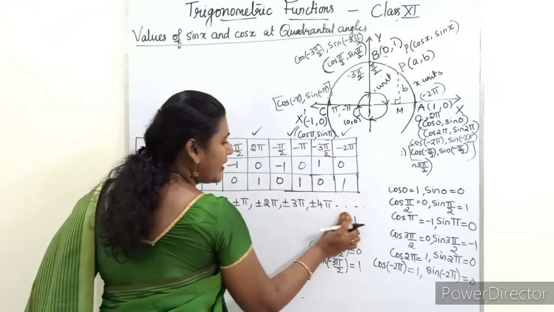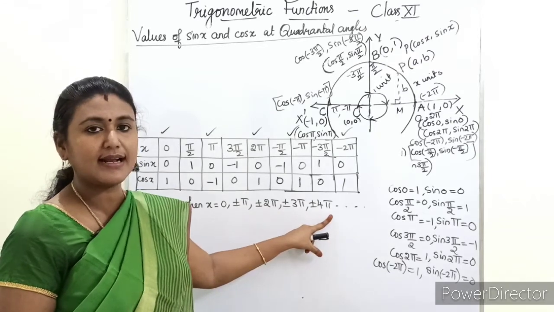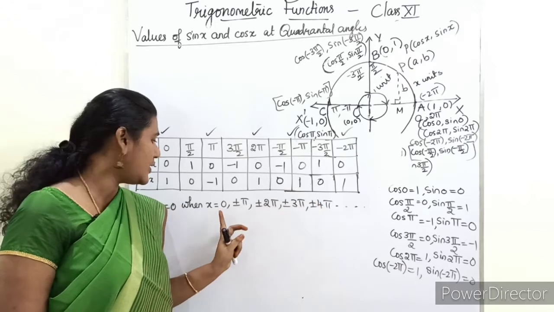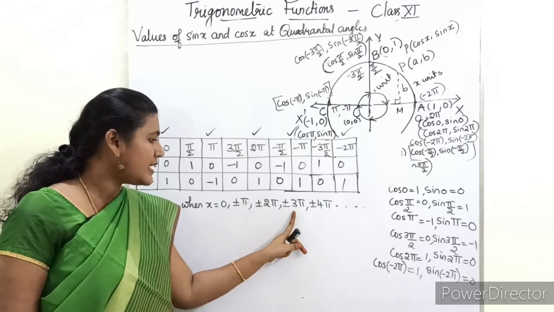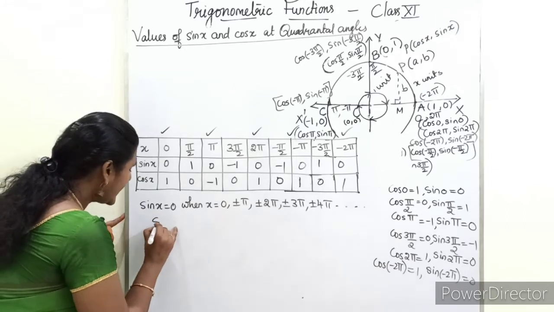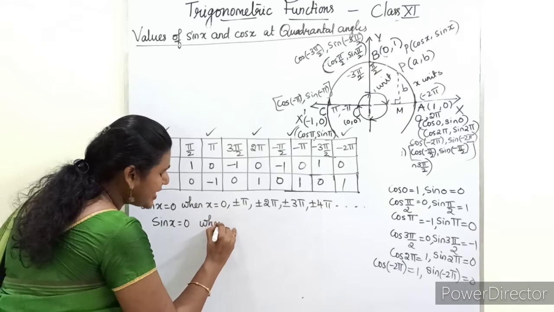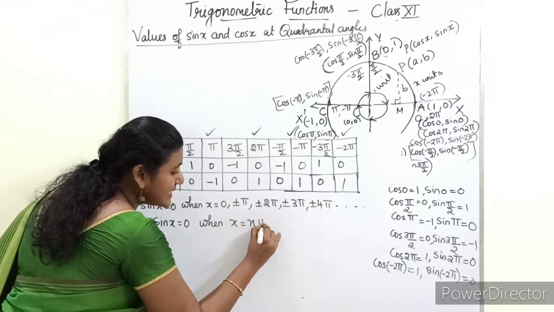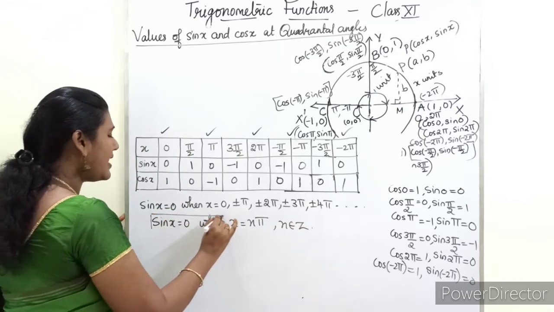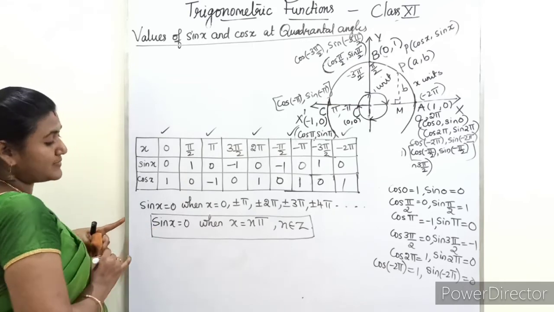Can you find any pattern over here? The angle pattern, all are multiples of pi: 0, 1 pi, 2 pi, 3 pi, 4 pi. So all are integral multiples of pi. So we can write sine x is equal to 0 when x is equal to n pi, where n belongs to Z. N belongs to Z means that n can take integers, that is 0, 1, 2, and even negative values also.